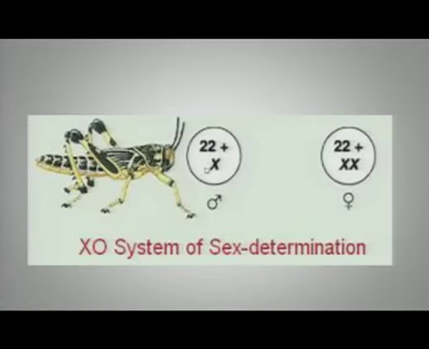So, it is written as X0. You can see here a grasshopper, male with only one X chromosome, no Y chromosome. So, we write it as X0, female XX.